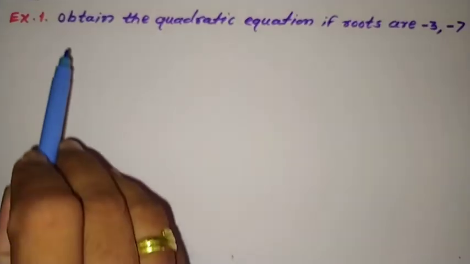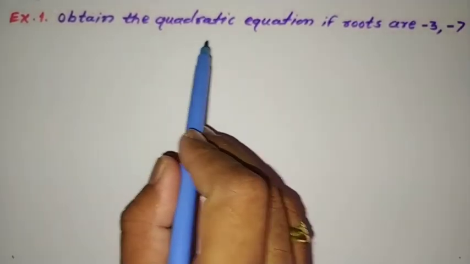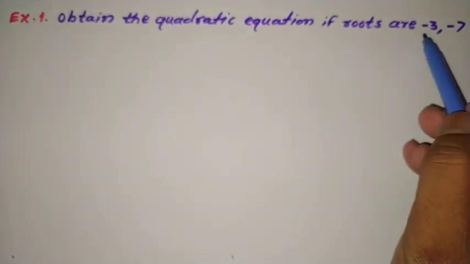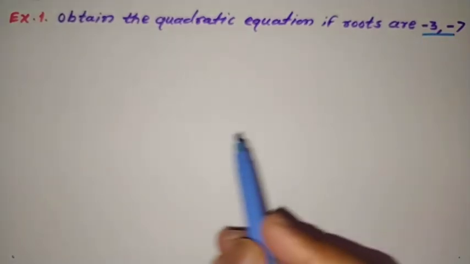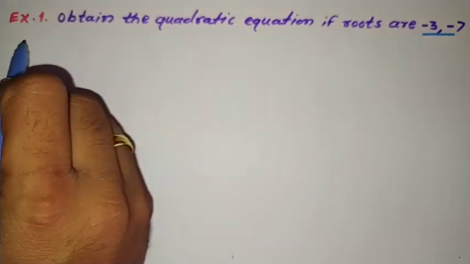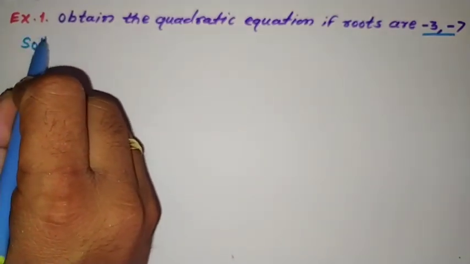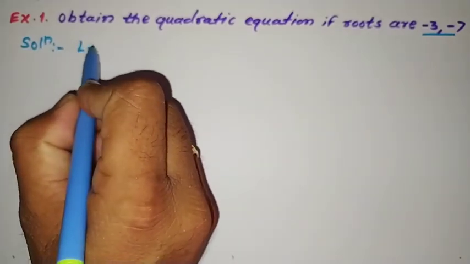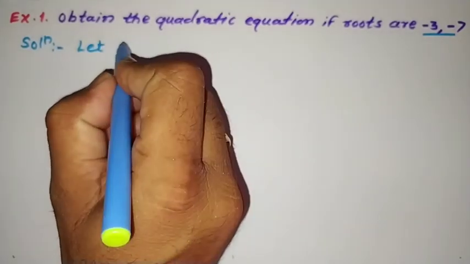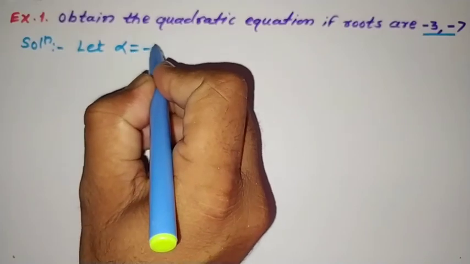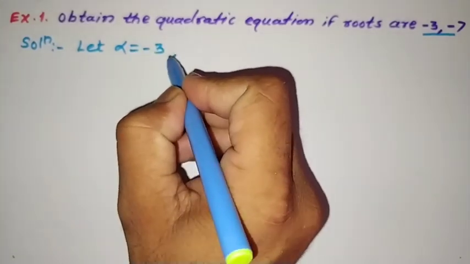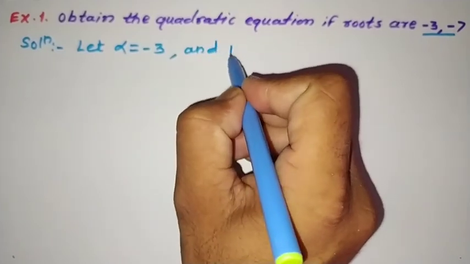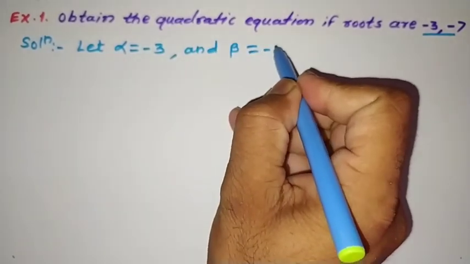Example 1. Obtain the quadratic equation if the roots are -3 and -7. Solution. Let alpha is equal to -3 and beta is equal to -7.